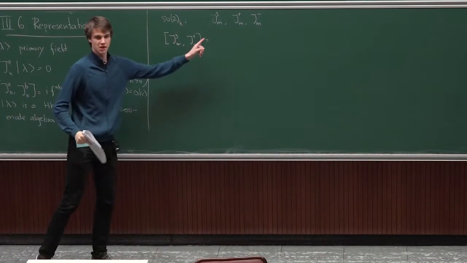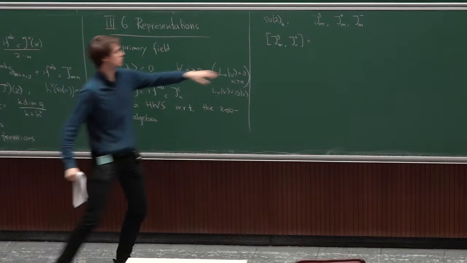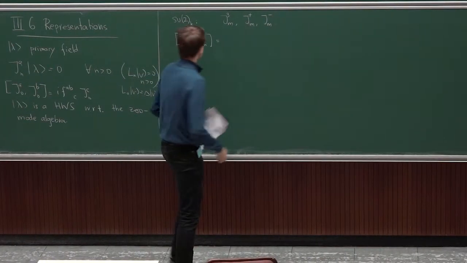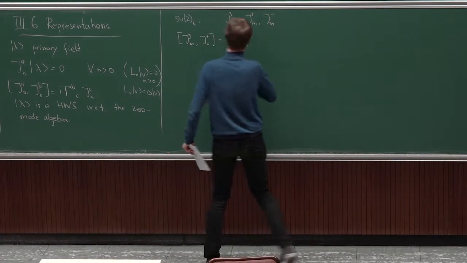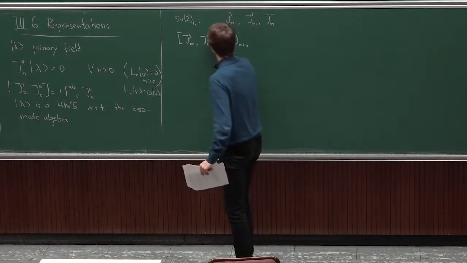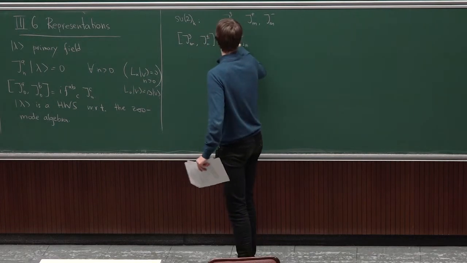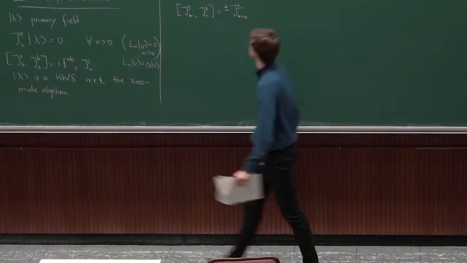The J^3 with J^+, the invariant form will vanish, because they're not the same. So this is actually J^+_{m+n}. There's just a structure constant, which is 1, because this is the plus. I can also put the minus, then I get a minus here in front.